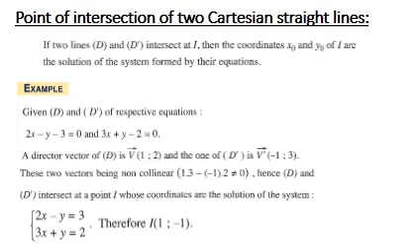So 2x minus y equals 3, this is the first equation, and 3x plus y equals 2, this is the second equation, and you solve it. It's a system of two equations, two unknowns. You already know how to do this. So you get rid of the y, you find x, and then you replace it in one of the equations to find y. Therefore, the point of intersection, which is I, is (1, minus 1).